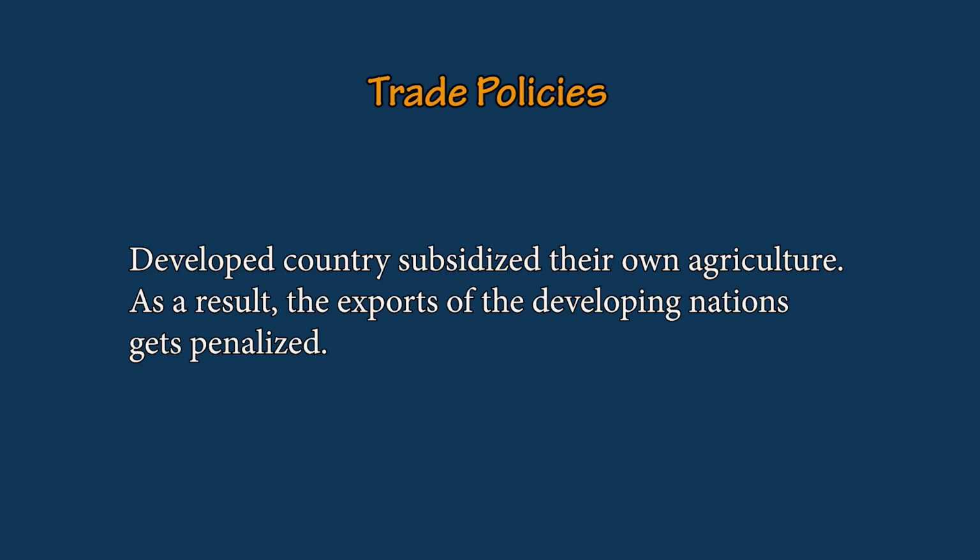Another thing we have observed is that even if developing countries are exporting their commodities to the developed nations, they generally export primary commodities, while the developed countries already give a lot of subsidies to their agriculture.